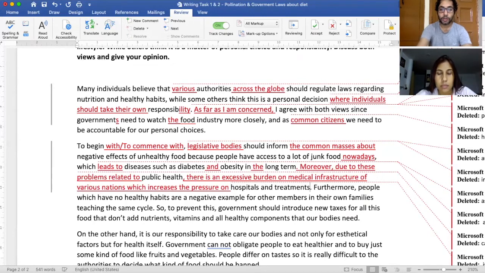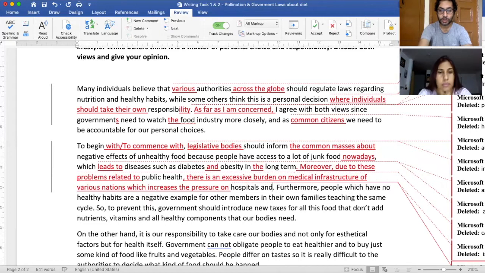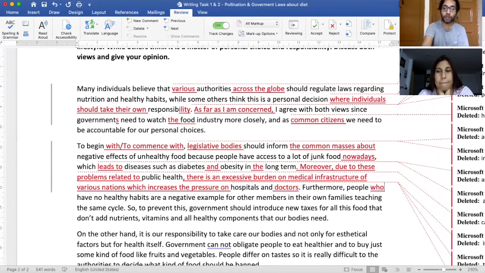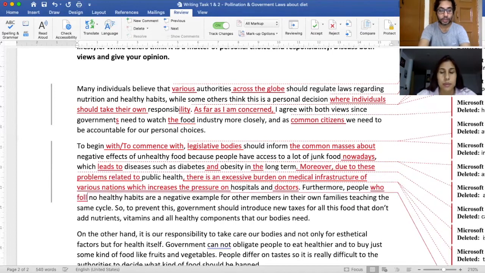Hospitals and doctors, you can say. Furthermore, people, I told you, people with the pronouns would always be who. Yeah, I was mute. Yeah, you're right. People who follow no healthy habits.